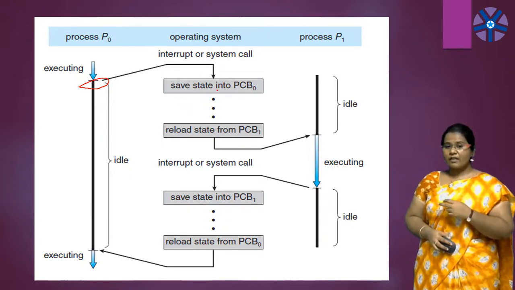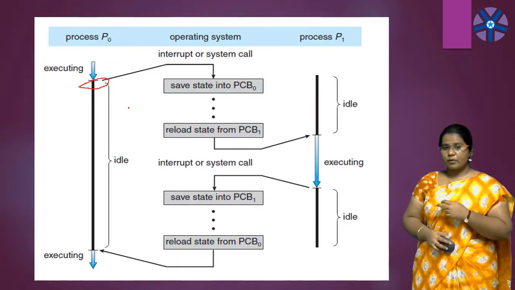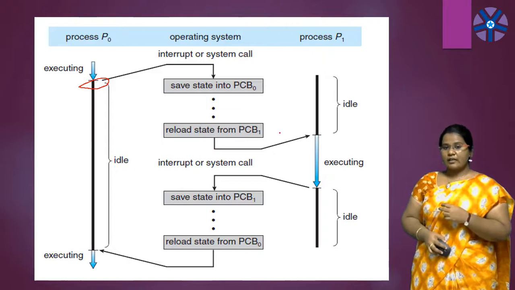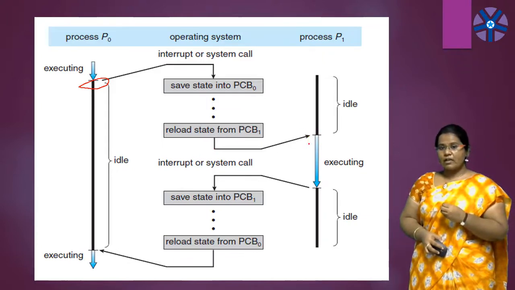Once the state save is completed for the process P0, the operating system or the kernel will restore the contents of the process P1. Once the state of the process P1 is loaded, the process P1 will be executing.